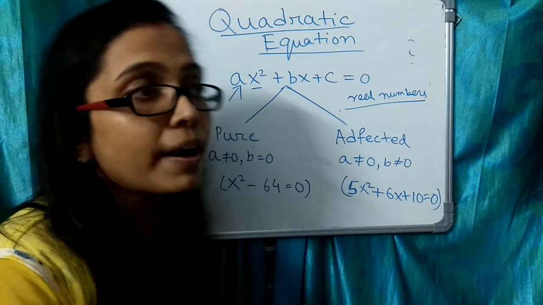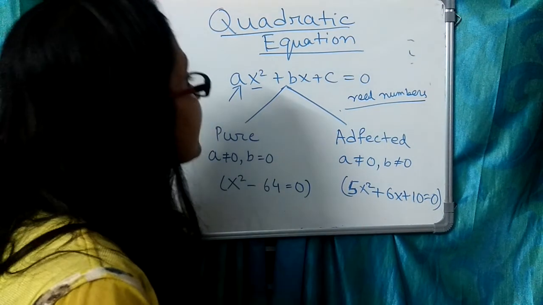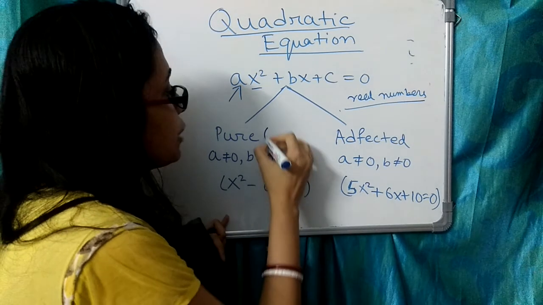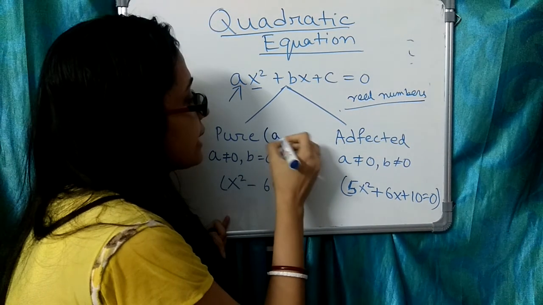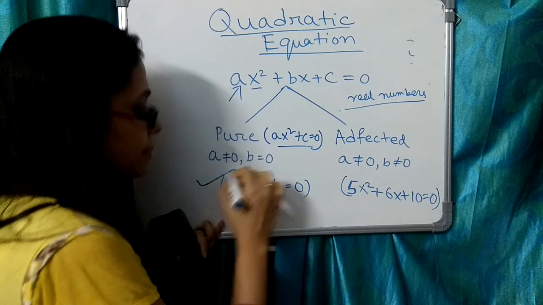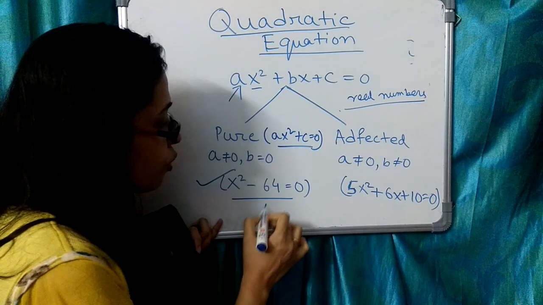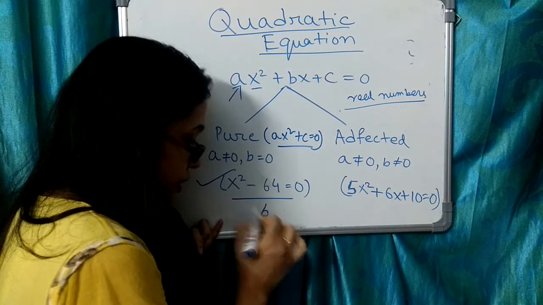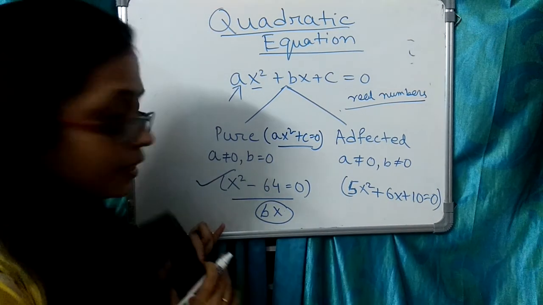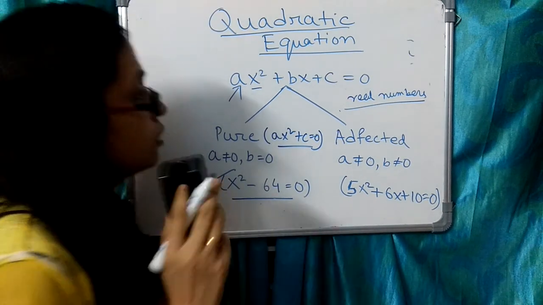Because to become a quadratic equation, the first and foremost condition is that the degree must be 2. And when b is equal to 0, a pure quadratic equation will look like ax square plus c is equal to 0. The example I have written here is x square minus 64 equals to 0. There is no coefficient of x or the term variable x which has degree 1. So it is a pure quadratic equation.